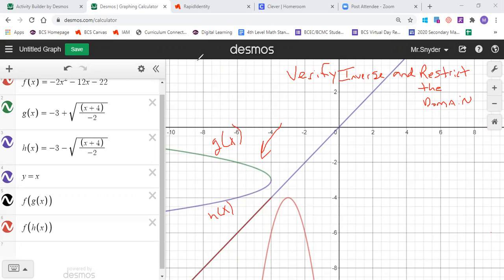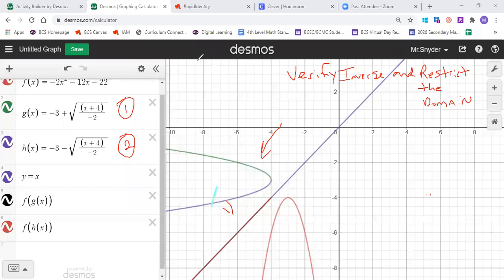And the reason why is because if we do the vertical line test, meaning for every x value there are two y values, well, that means they can't be a function. So we have to split them up, and that is why we have the first equation and the second equation, so we can write an inverse function correctly.